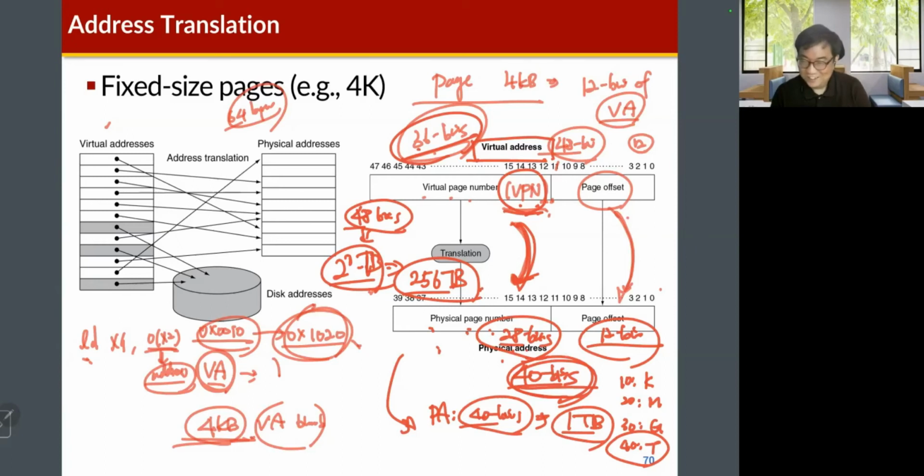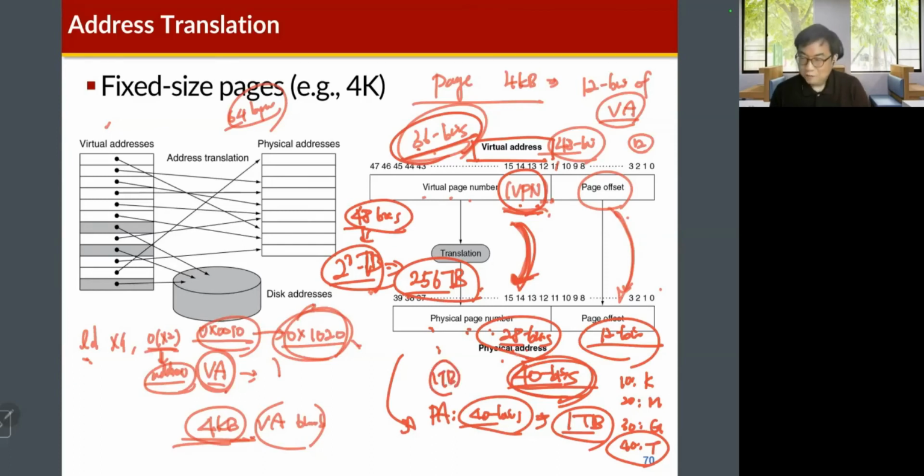But if a processor provides 48 bits for the virtual address, then the virtual memory size is 256 terabytes, ridiculously large. But the real memory size is much smaller, so 1 terabyte in this example.